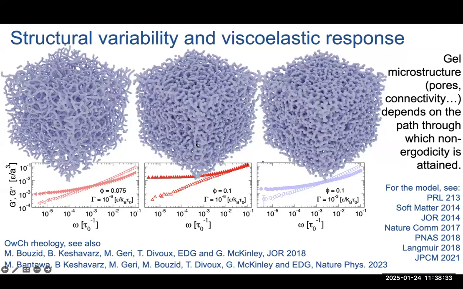Certainly the structure changes, becomes a little bit denser, but how different is different, it's not that obvious. And then on the right, between the center and the right, I have precisely the same volume fraction, but I've changed the gelation rate. And so the structure also changes a little bit. Again, it's messy and it's not clear if there is really some very important difference.